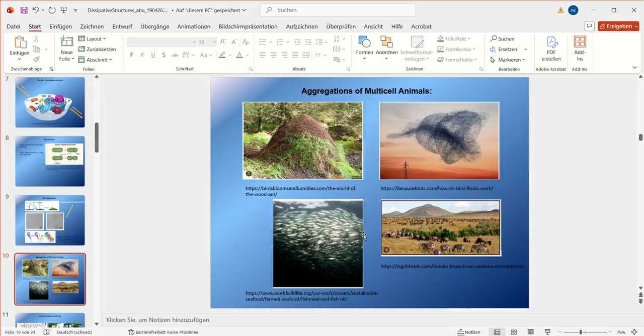And you can also have, for example, fish building large colonies, following certain rules. The same thing with birds. For example, one rule is you never stay in the middle. You're in the middle, then you go out, and then you go back into the middle again.